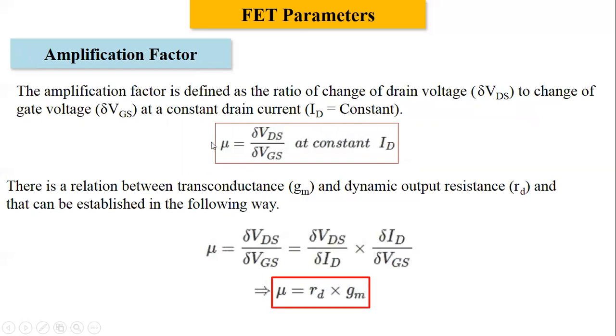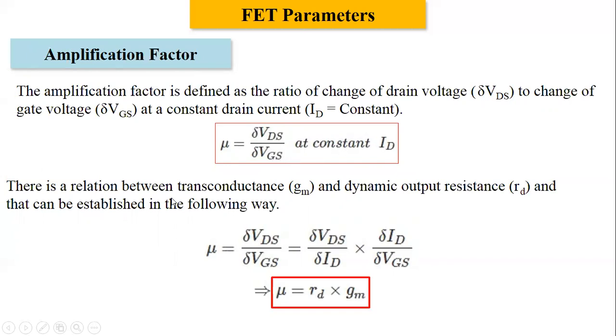Okay, let us see the amplification factor. Of course there is going to be an amplification factor in the case of FET. How do we calculate this? It is nothing but the change in output voltage about the change in input voltage. The output voltage is drain to source, and the input is gate to source. So del VDS upon del VGS at constant ID.